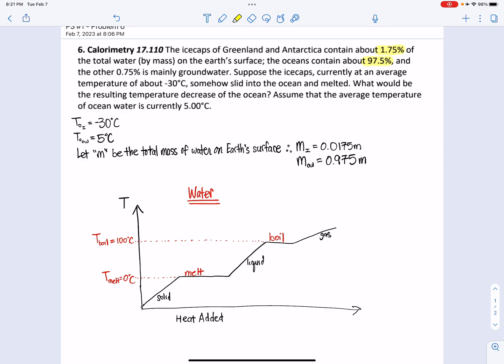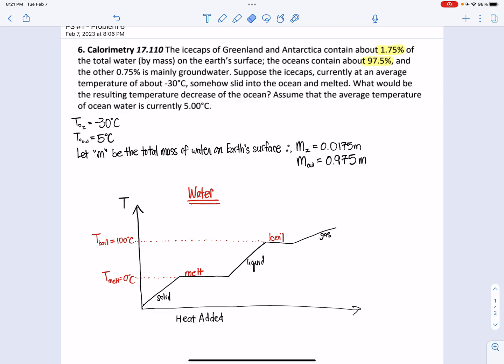We know that the initial temperature of the ice caps is at negative 30 degrees Celsius. We also know that the ice caps somehow slid into the ocean and melted. So it's initially at negative 30 degrees Celsius and somehow it melted.